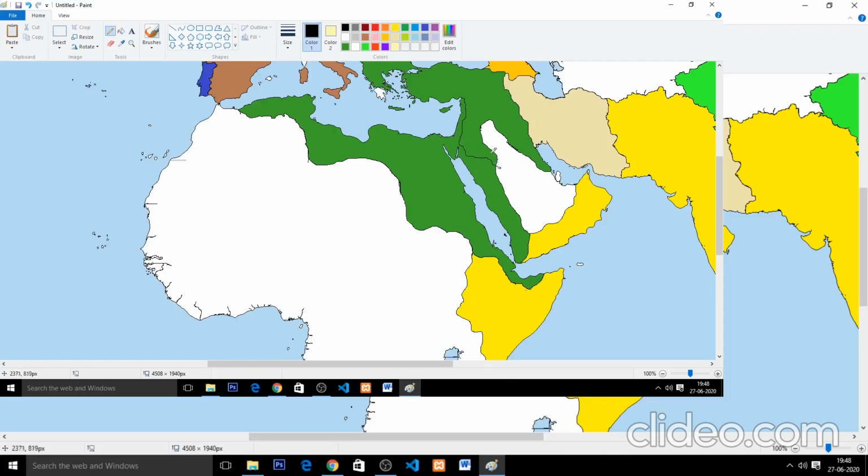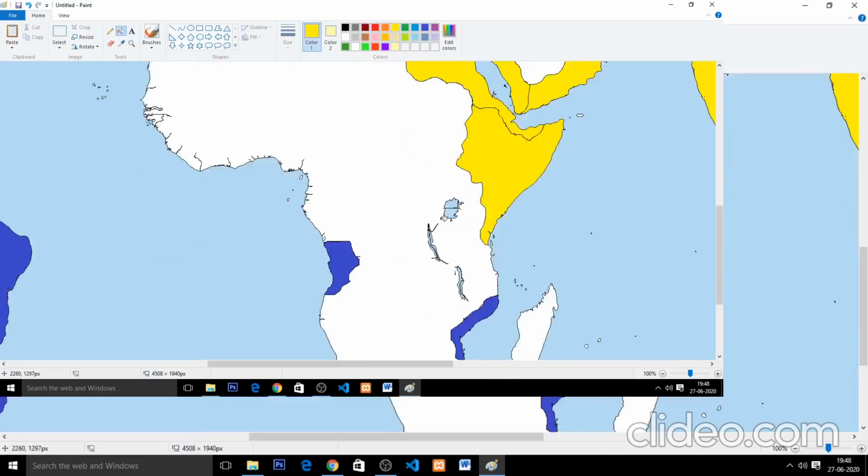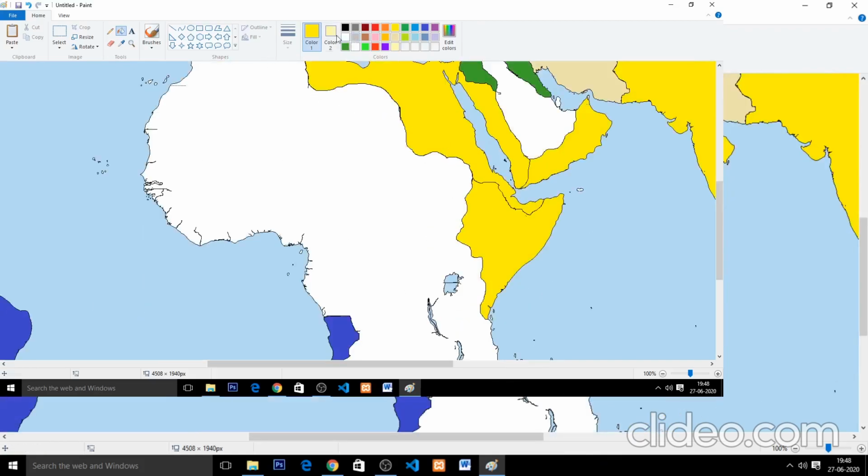So, India would probably be the first major power to gain a colonial empire. Like, look at this map. The only ones who had a significant colonial empire at this time were Spain and Portugal.